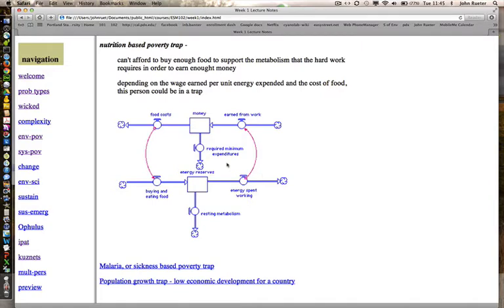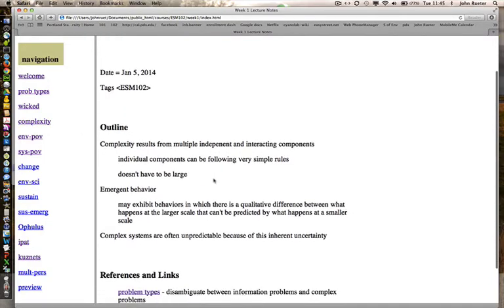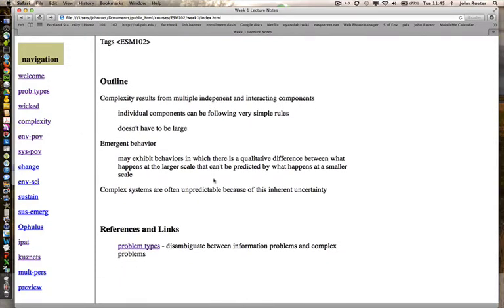Now these systems that we're talking about here are complex, and complexity is the situation when we have multiple independent but interacting components, and as they interact, there's a whole variety of different outcomes that can come about, and you can't always necessarily predict the behavior of the overall system just based on what you know about the individuals.